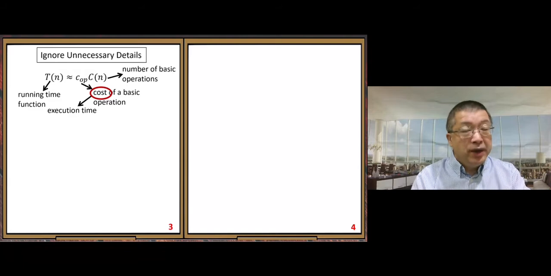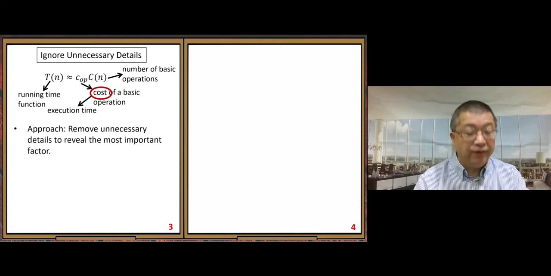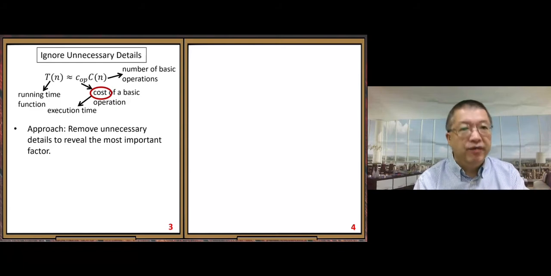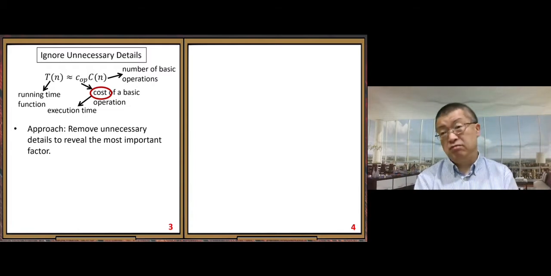In order to make our analysis as simple as possible, we take this approach: remove unnecessary details to reveal the most important factor. We may have a lot of details, and some are not very important, so we can ignore those details.